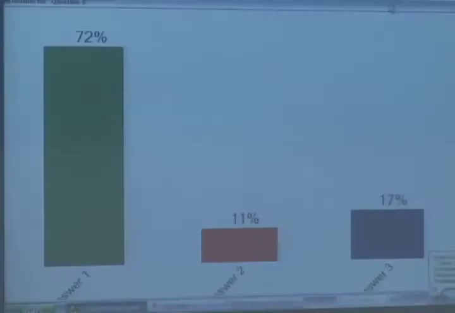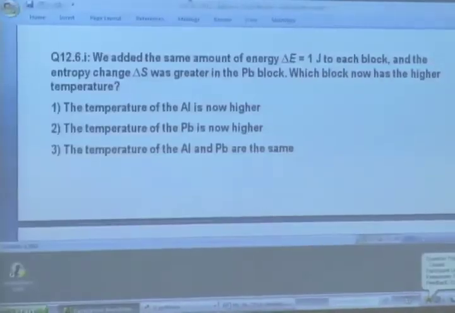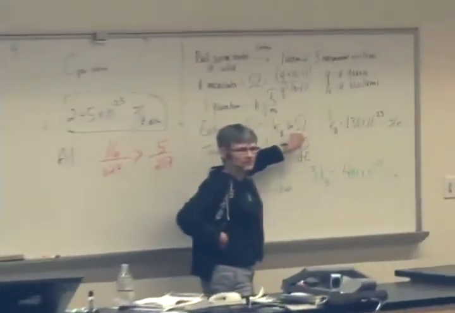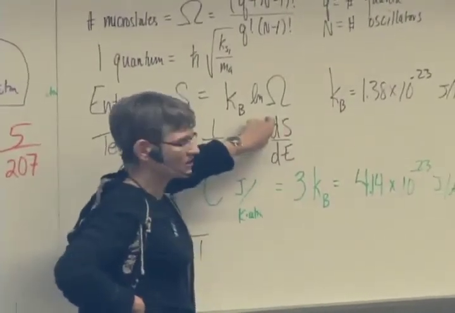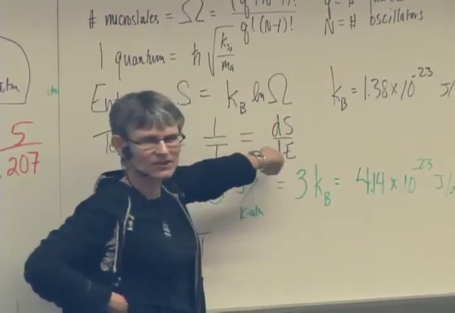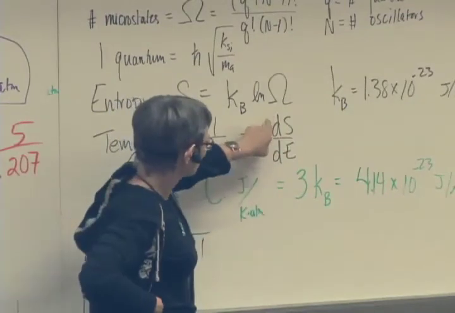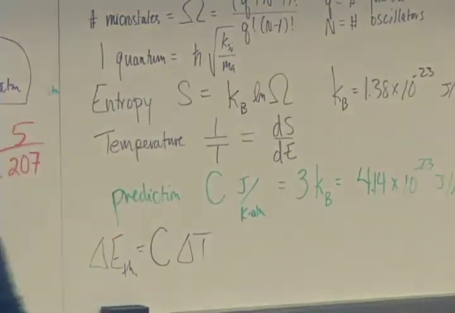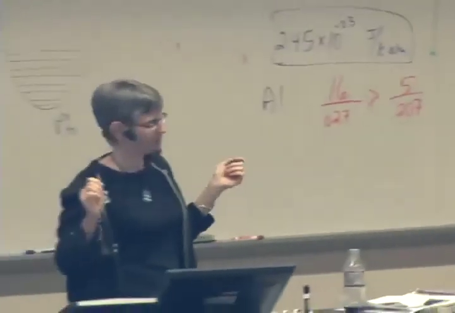Okay, well, that's correct. So for aluminum, you have a bigger delta S. I'm sorry, lead has a bigger delta S, sorry. Same delta E, 1 joule. So that means 1 over T was bigger for lead, which means the aluminum is hotter.